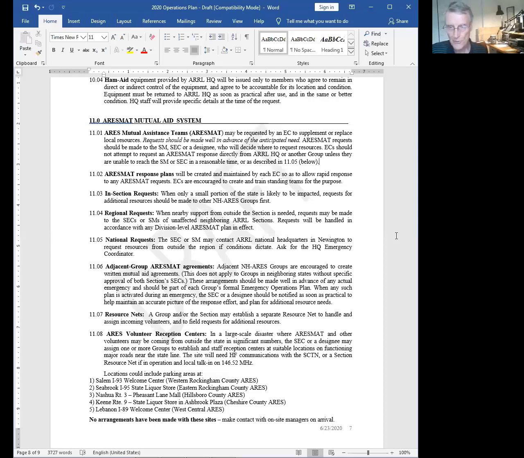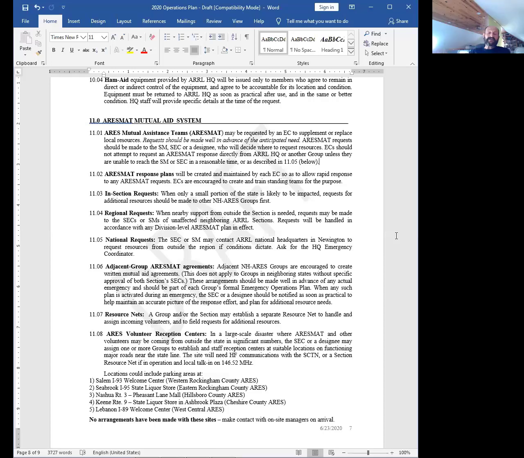And the other is to be able to deploy a team to someone else to help them. It's like mutual aid for volunteer fire departments. They could not survive without it. And really, we can't either. And we've got to really work on that. It's not a panacea. It's not a fix-all, but it's certainly one hell of a good crutch.